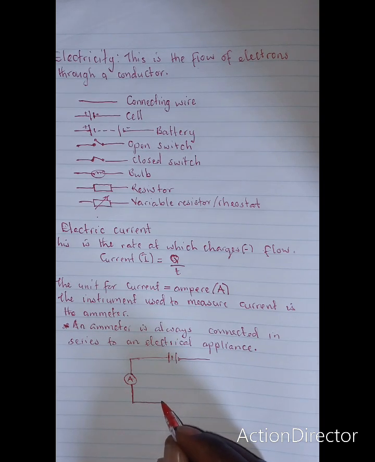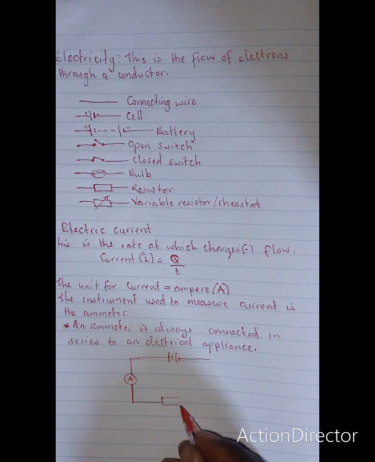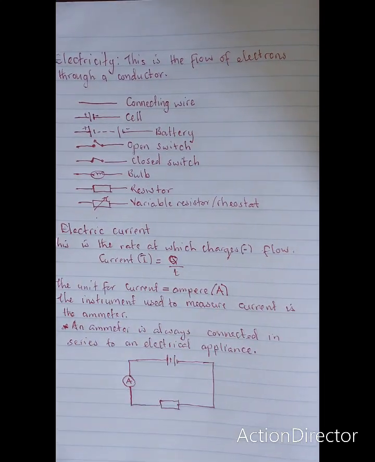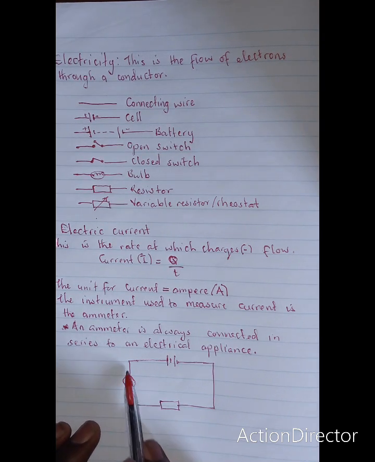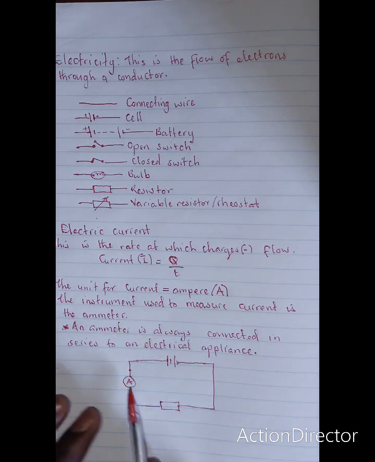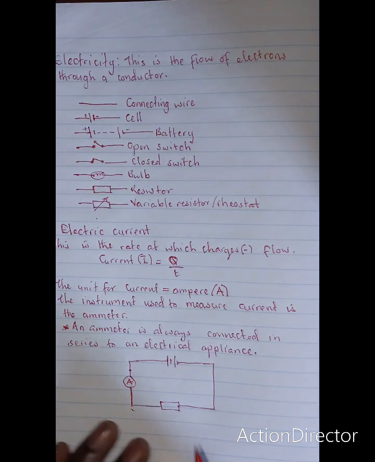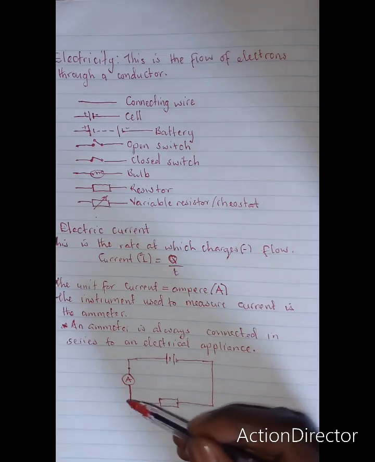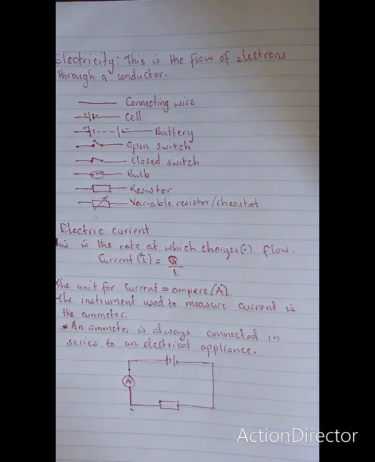Let's say we have a resistor, and then it continues like that. When an ammeter is connected like that in the same wire with the electrical component, we say that kind of connection is a series connection. So this and that are in series connection. That's what it means. Basically, this is what we need to understand concerning electric current.